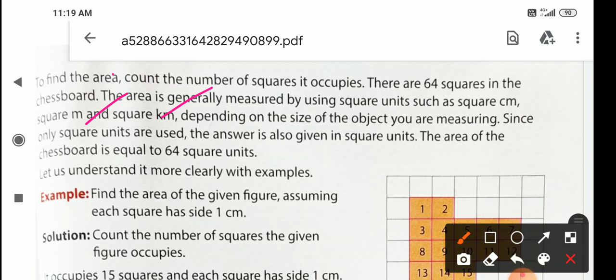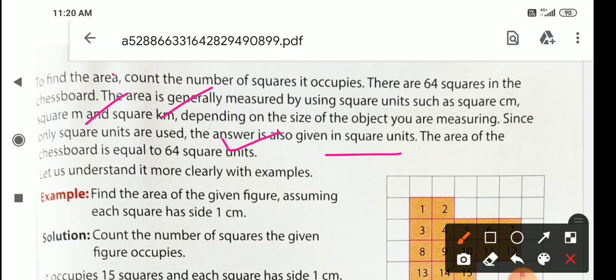Since only square units are used, the answer is also given in square units. The area of the chessboard is equal to 64 square units, maybe centimeter, maybe meter.